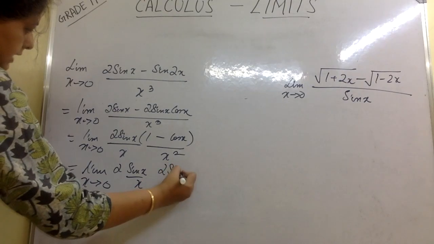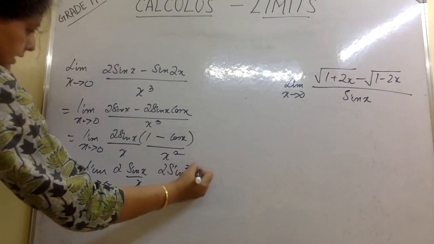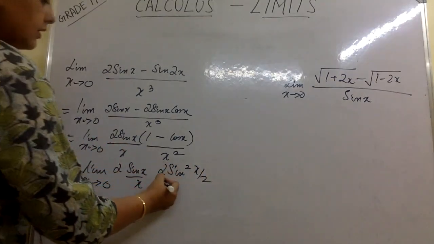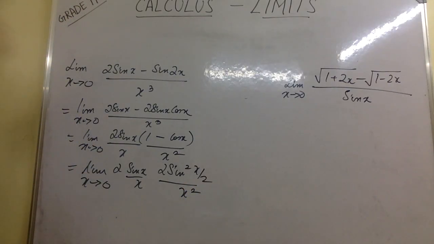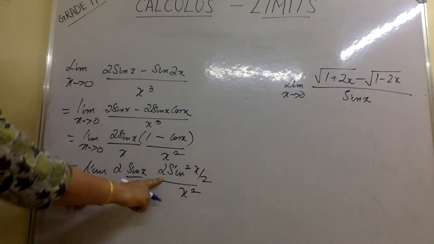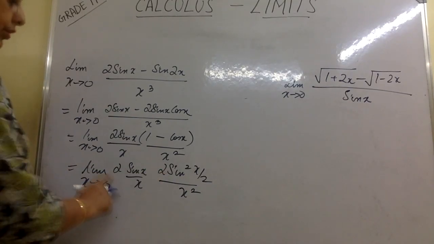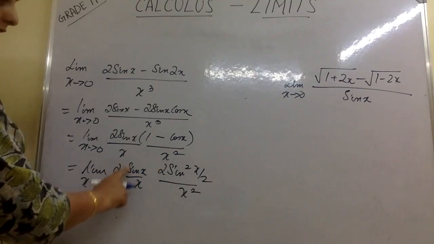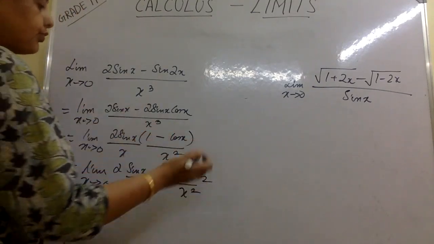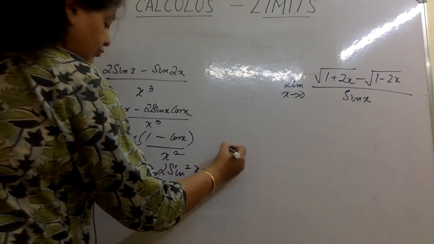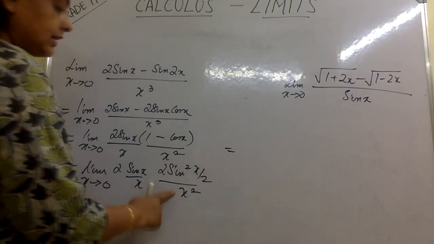is 2 sin square x by 2, and we have one x square here. Okay, so now we have a 2 here and we have a 2 here. Okay, we'll make a 4 out of it, and this is already 1, you can see. Okay, so let's work only on this, or you can work it in 2 steps, or you can work it in 1 step, whatever. So you can apply limits here and then focus on this.